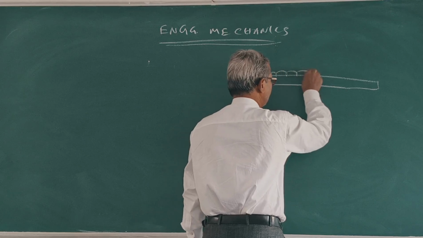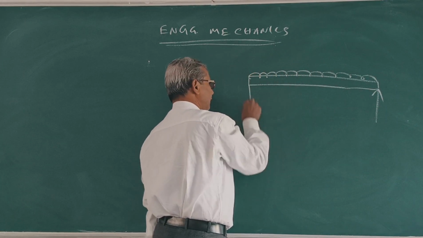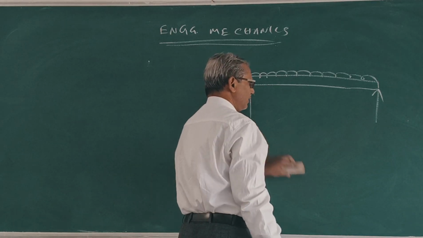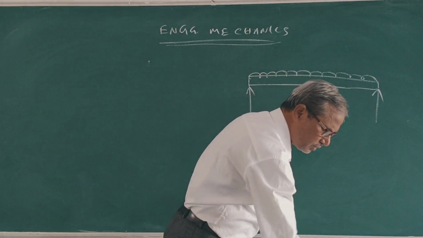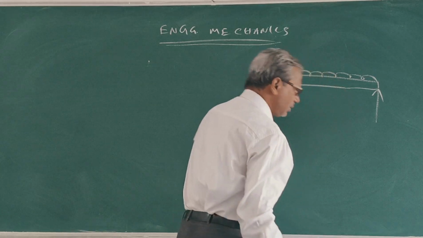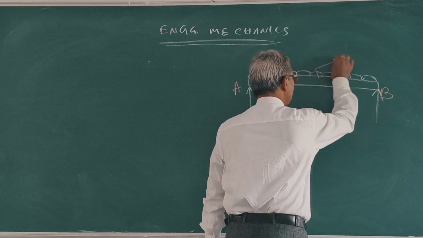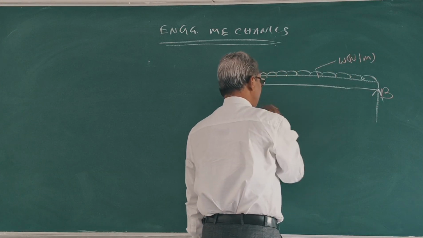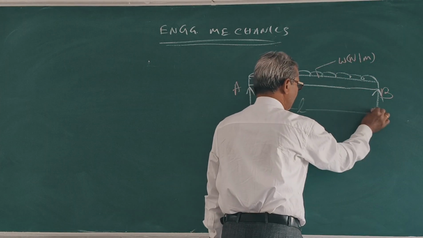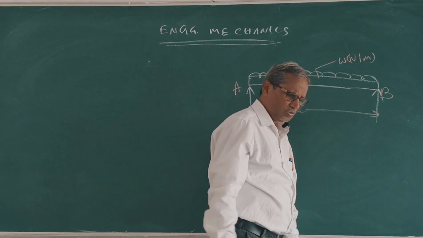This carries UDL, supported at A and B. Clear? This is beam AB. The UDL is w Newton per meter. Length L. Clear? So what is the load?